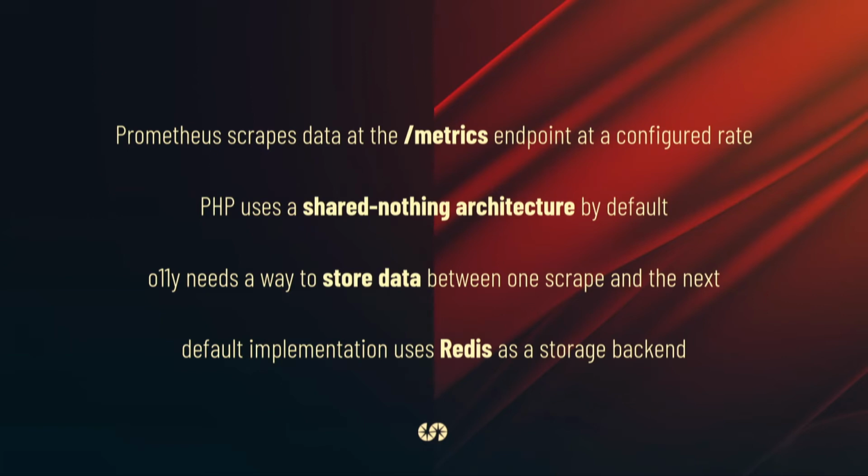So we need a way to store the data we collected between one scrape and the next one. And the observability module for Drupal at the moment uses Redis as a storage backend to store all the collected information. So in your stack, you also have to install a Redis instance to store all this information.